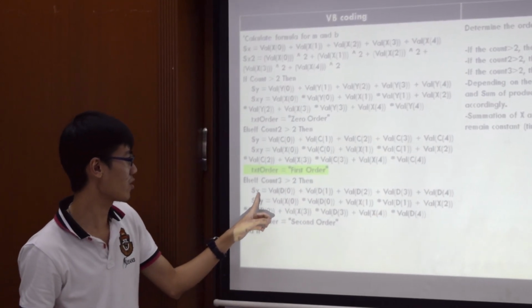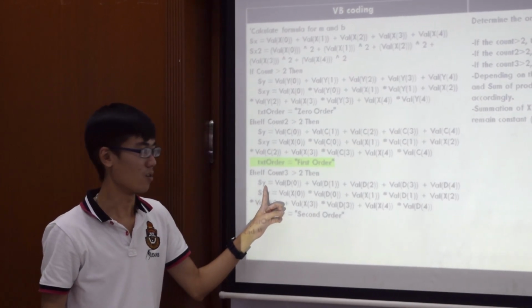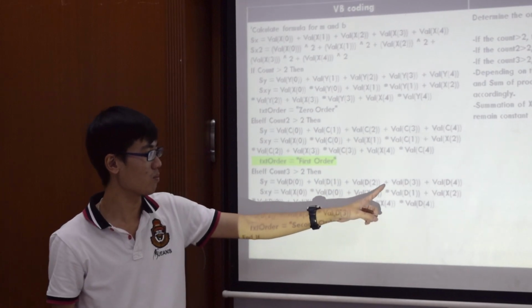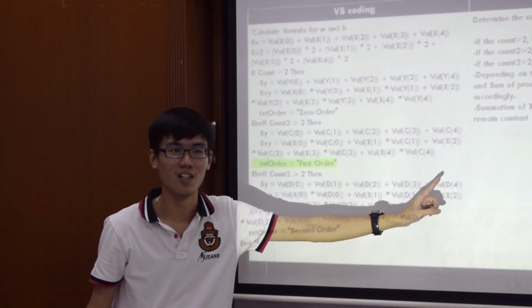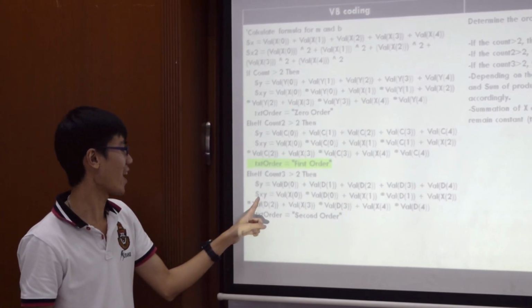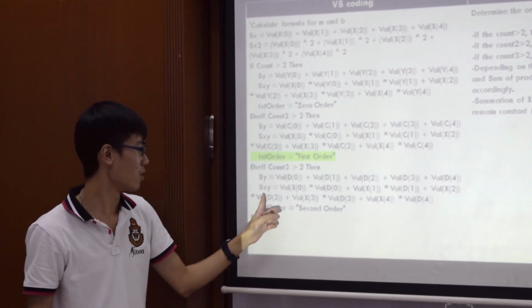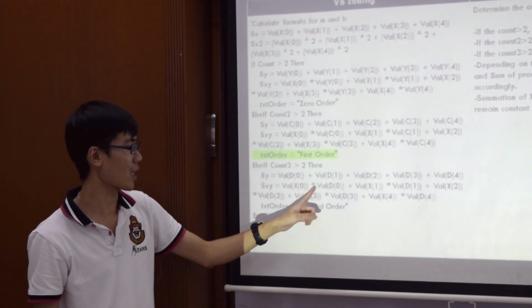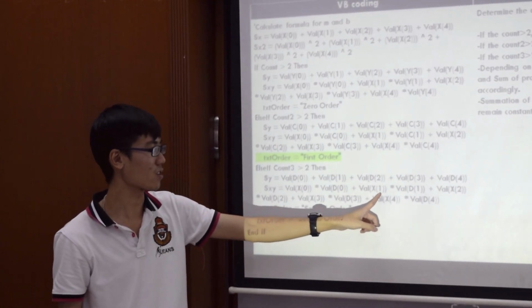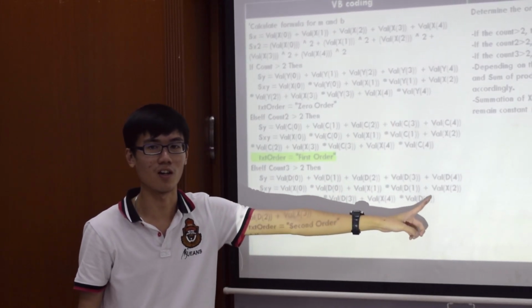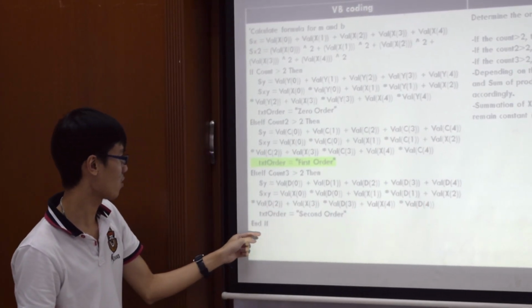So the sum of y value will be equal to d0 plus d1 plus d2 plus d3 plus d4. Then the sum of x times y value will be equal to x0 times d0 plus x1 times d1, and then until x4 times d4. Okay, until here we will end if.